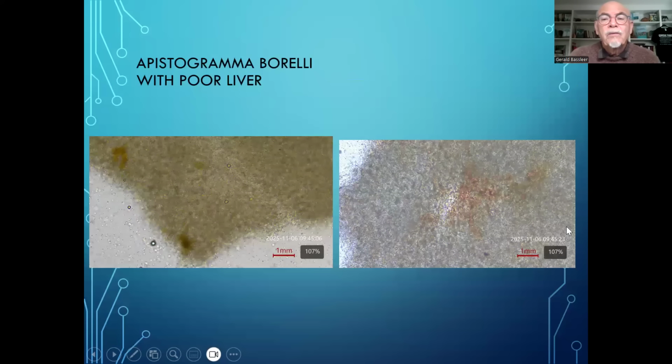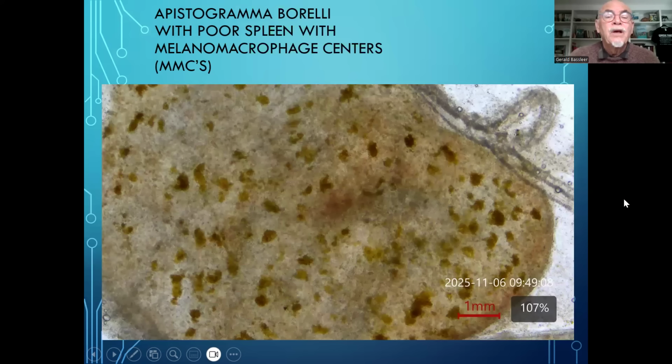In the organs, the liver, we found those red markings, bleeding markings, hemorrhagic liver, which is not normal. This is pathological lesions. We can see in the spleen all those melanomacrophage centers, MMCs. That is a reaction of the organ against an infection.